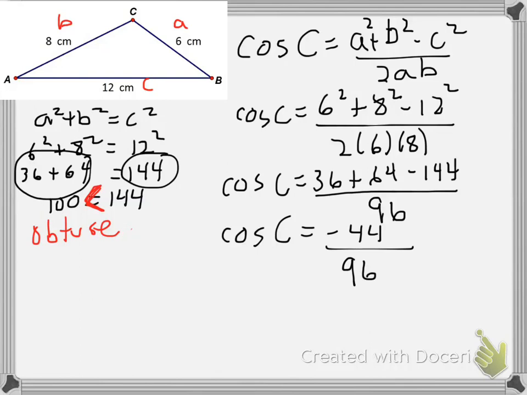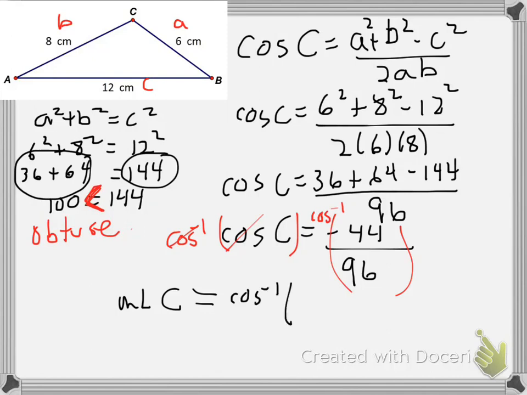So we want to arc cosine that. We're going to arc cosine both sides, and we're going to end up with angle C equal to the arc cosine of negative 44/96, and we'll type that on the calculator.